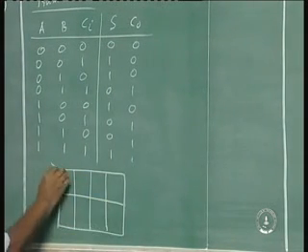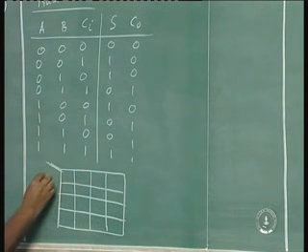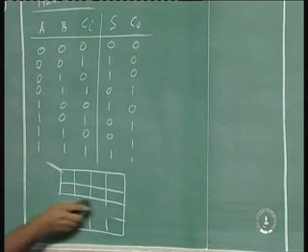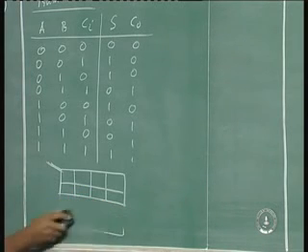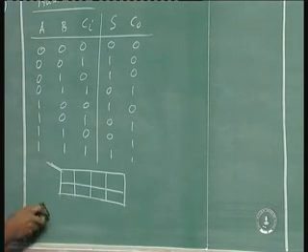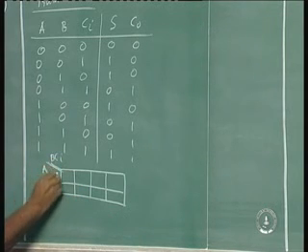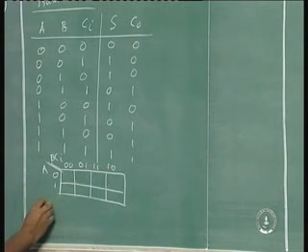The truth table has eight rows, of course, since there are 3 inputs. A, B, Ci, and this is sum.